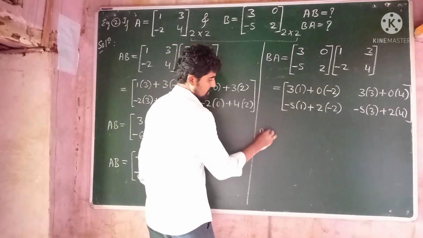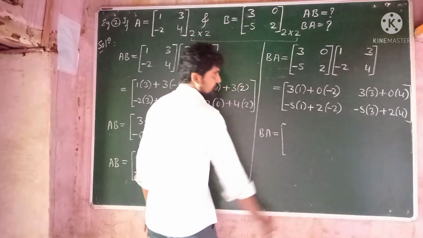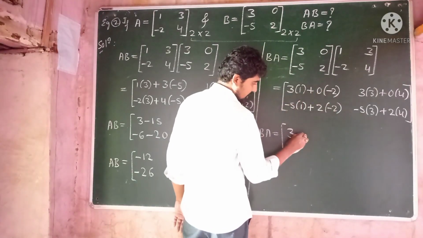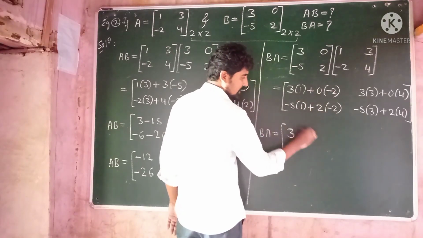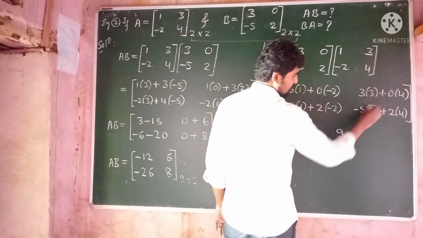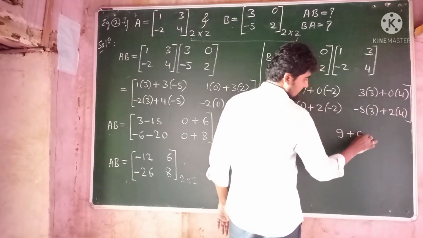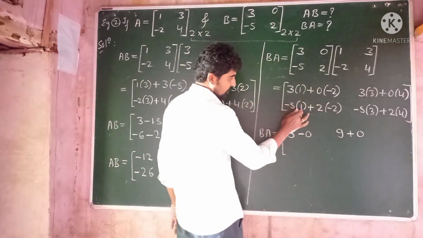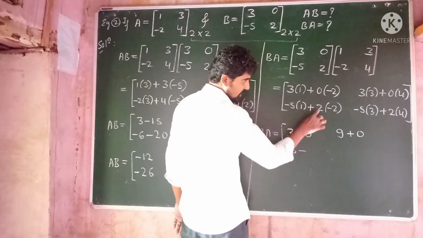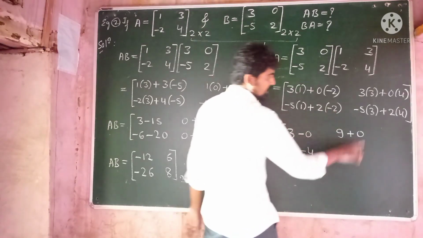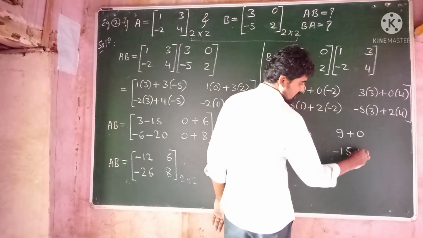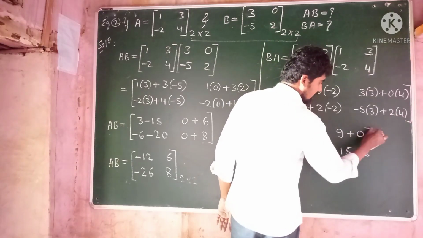which is equal to 3 into 1, 3, plus into minus, minus 0 into 2, 0, and then 3 into 3, 9, plus 0 into 4, 0, minus 5 into 1, minus 5, plus into minus, minus 2 into 2, 4, minus 5 into 3, minus 15, plus 2 into 4, 8.